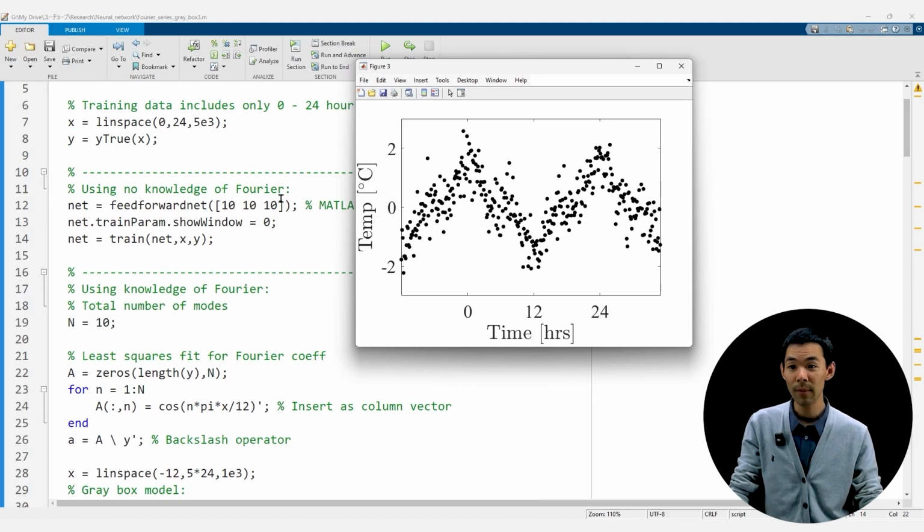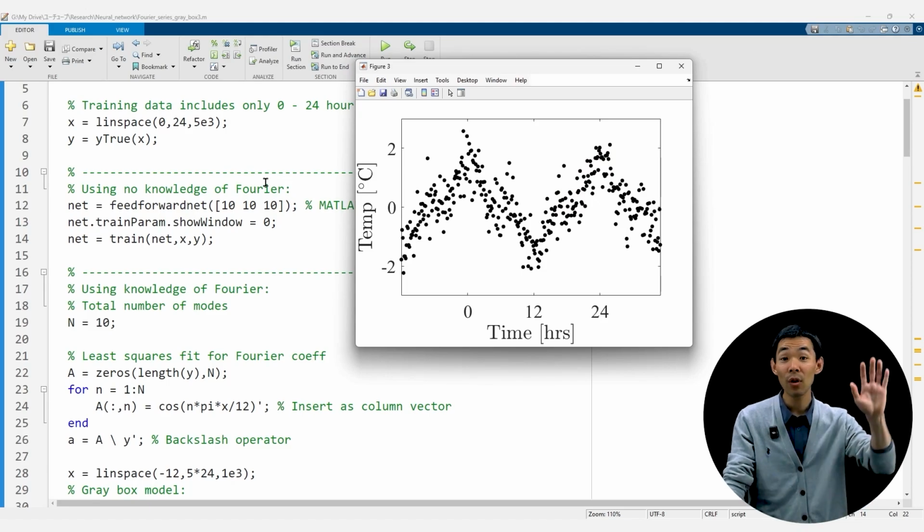So what we're doing here is generating a neural network using the built-in MATLAB neural network generator with 3 layers with 10 nodes each. So I have 10, 10, 10, and I'm going to train that neural network model using data that I'm going to feed in from time t equals 0 to time 24.